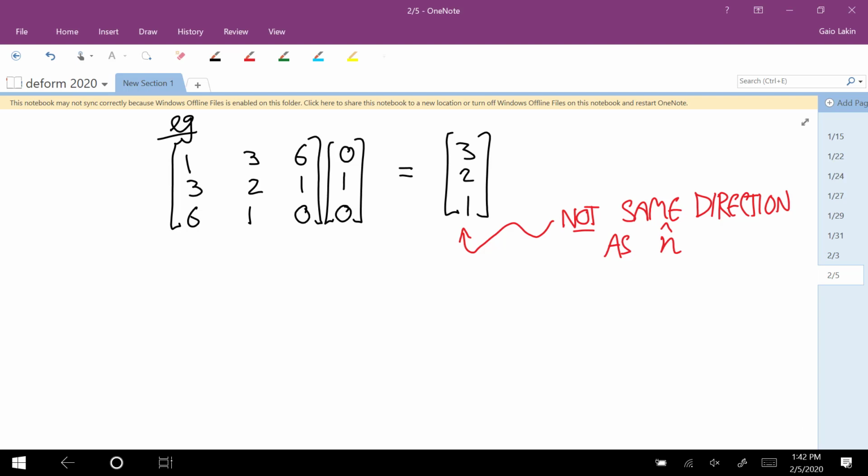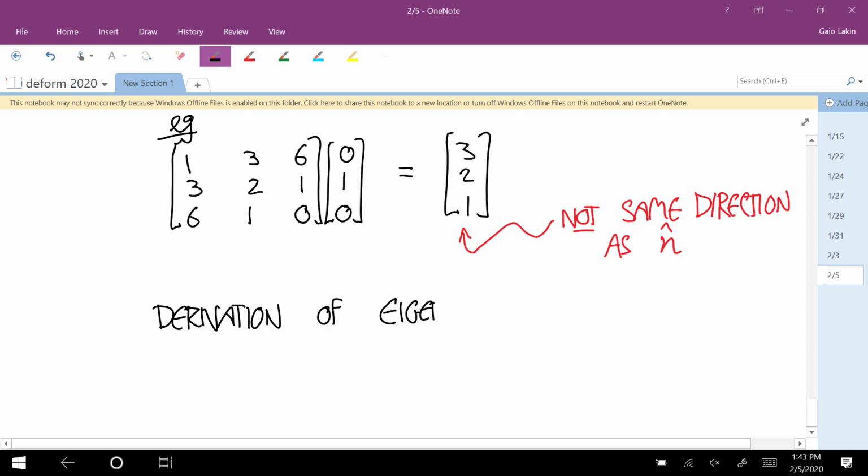All right, so before I go into the calculation, let me derive how this comes about in our problem. Okay, so this is the derivation of the eigen problem for principal stress.